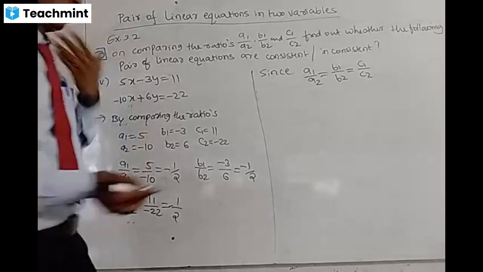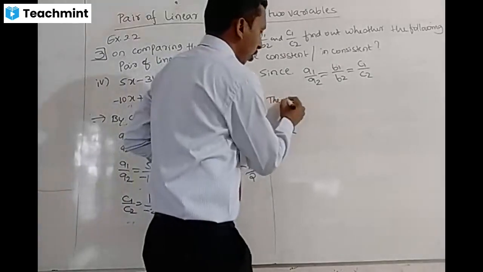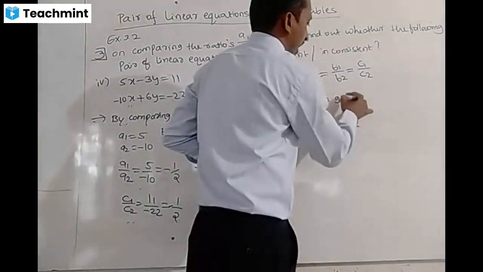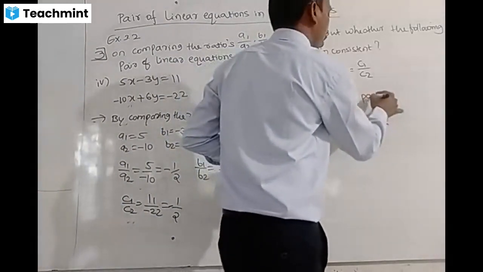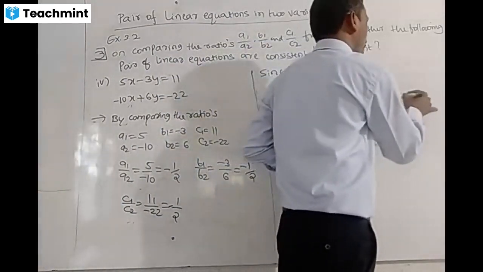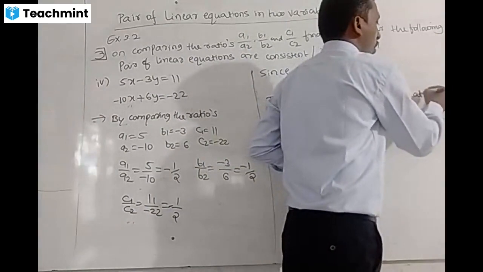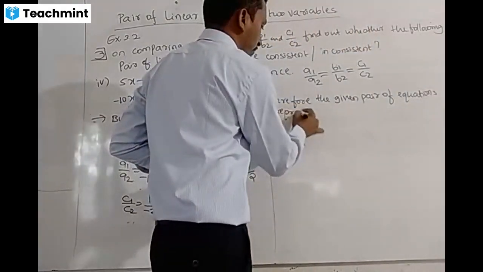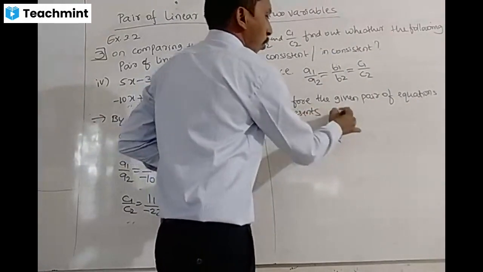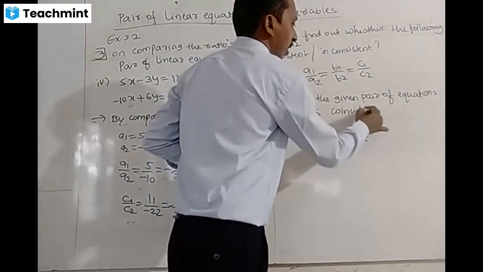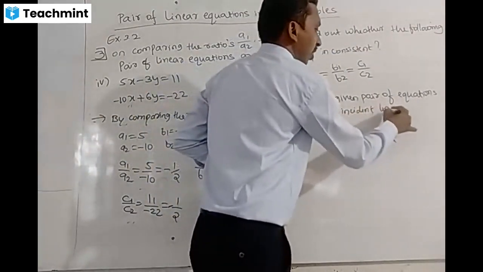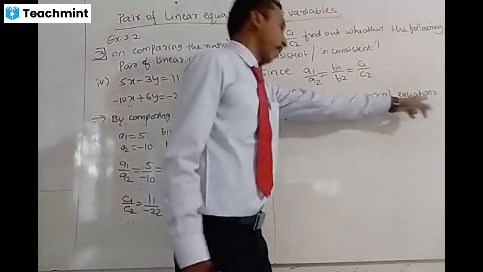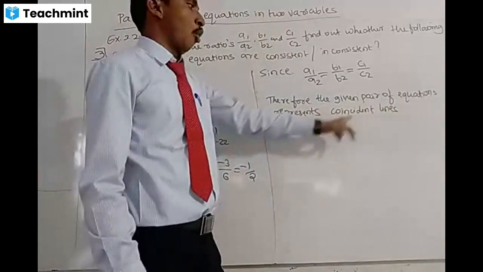Understood? So therefore, the given pair of equations represents coincident lines.